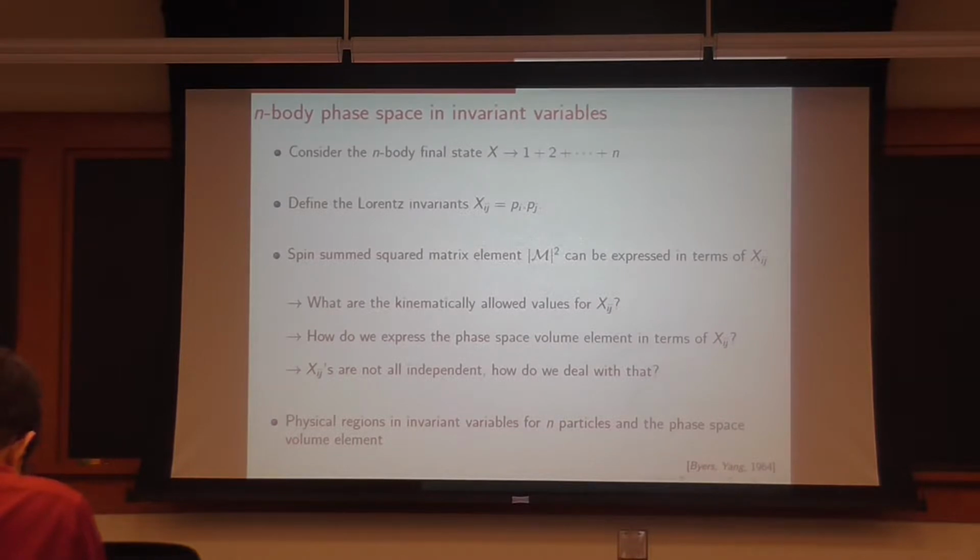So the question to ask is, what are the kinematically allowed values for x_ij's? How do we define the phase space, especially the boundary of the phase space, in terms of these x_ij's? And another important problem, how do we express the phase space volume elements in terms of these x_ij's?